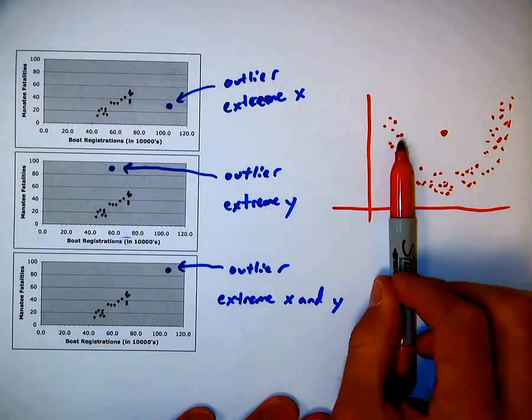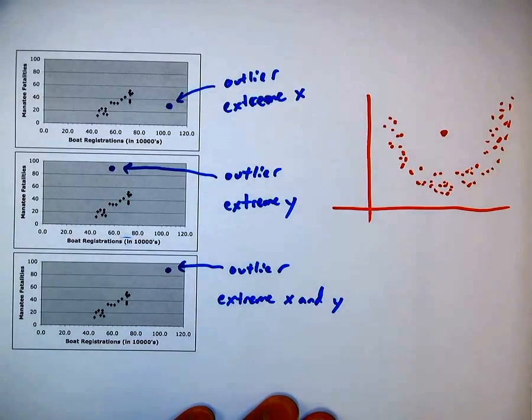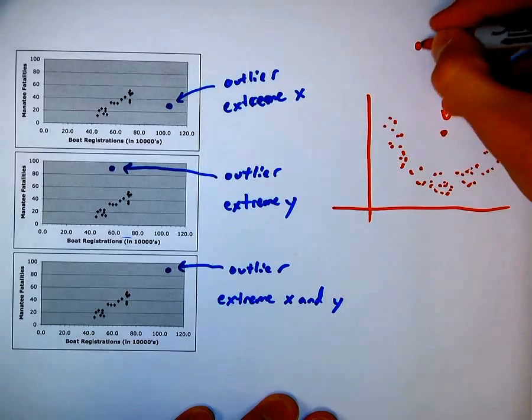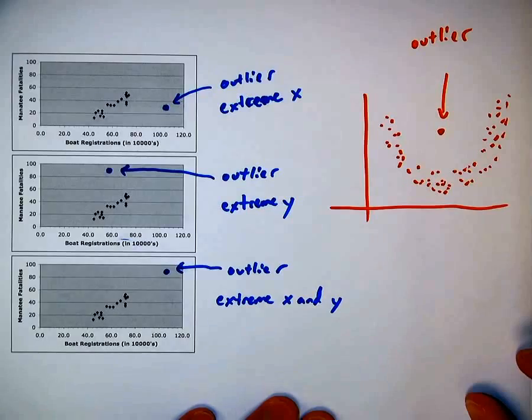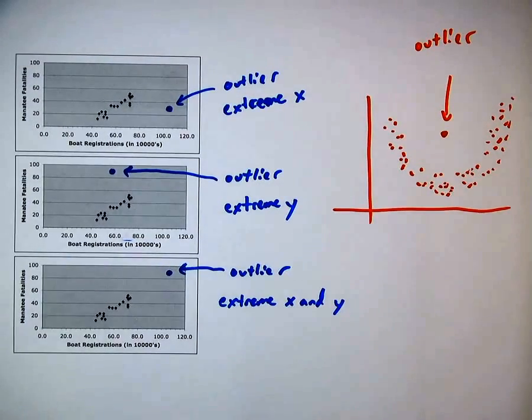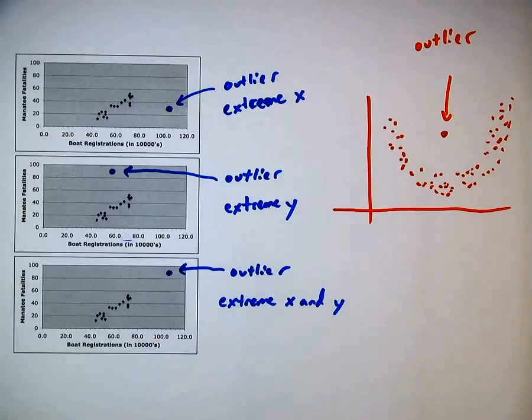So even though this is not an extreme value, the x value is pretty typical, the y value is pretty typical, this will still be an outlier. And it's an outlier because it's outside of the trend of the data. So just kind of 4 different ways you'll see outliers when looking at bivariate data.